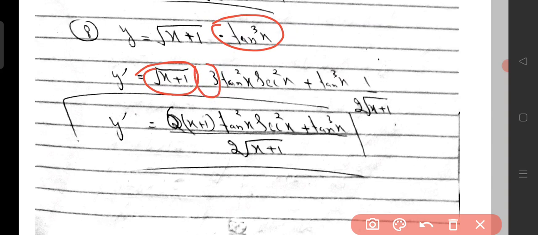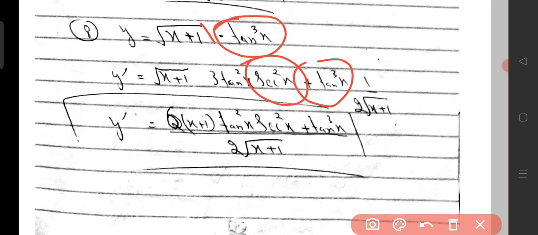So 3 power on the left hand side, and then power minus 1, 3 minus 1 which is 2, and then the derivative of this thing which is inside the power. The inside of the power is tan x, so the derivative of tan x is sec square x, plus v same, and then the derivative of u. The derivative of u is 1 over 2 root x plus 1. Finally rearrange it and you will get the final answer.